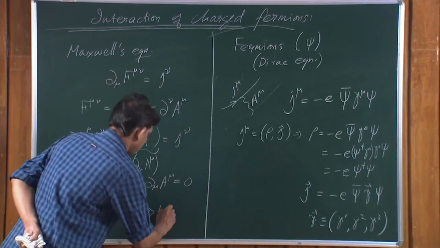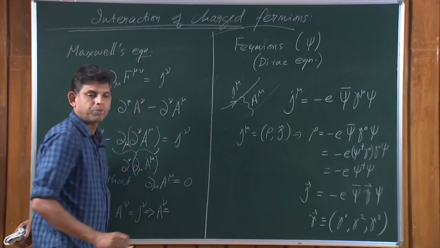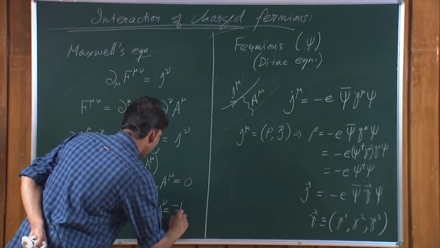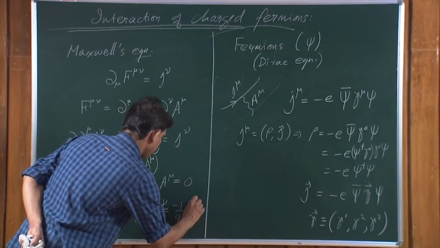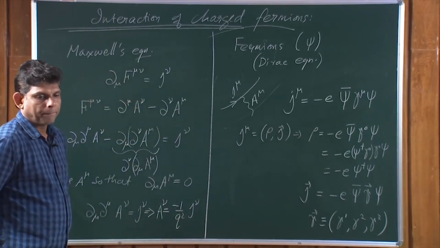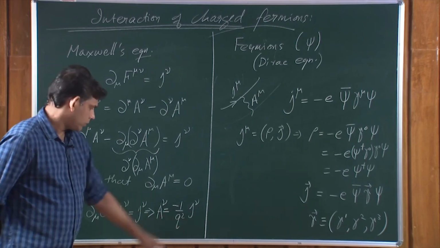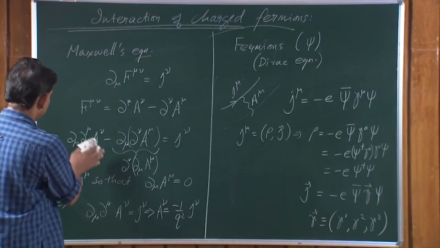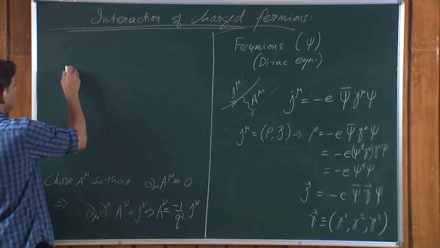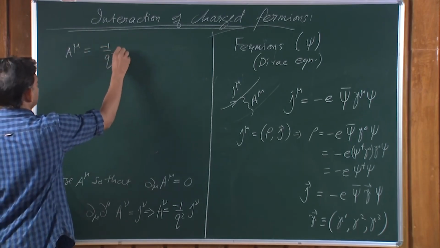Without going into the details, let me give you the solution: A nu equals minus 1 over q square J nu, where q square is essentially the momentum transfer. What do you mean by q square? I will come to that. Let me just rewrite this: A mu is equal to minus 1 over q square J nu.